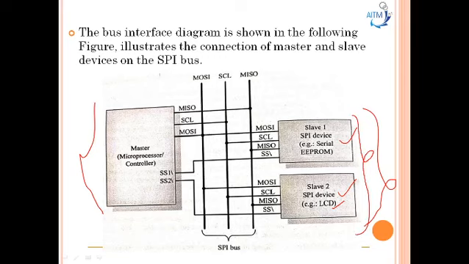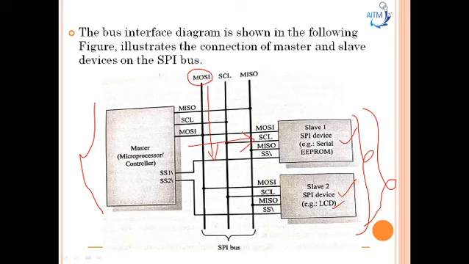This master microprocessor or controller has 4 lines. The first one is the MOSI line, master out slave in. This line carries the data from the master to the slave.